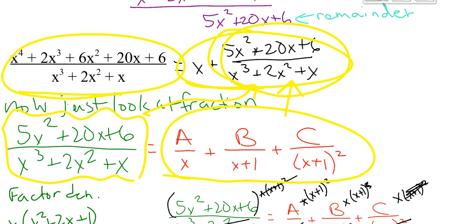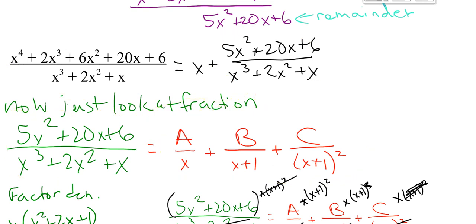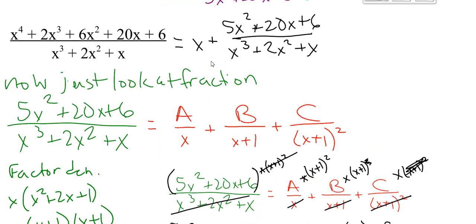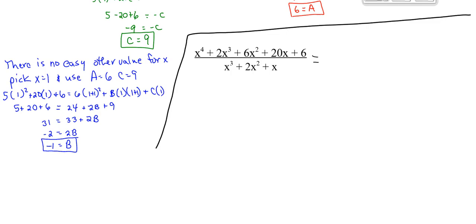And so I don't have room right here, but I'm going to transfer a bunch of that down to the very bottom. So from above, we know that big improper fraction, x to the fourth plus 2x to the third plus 6x squared plus 20x plus 6 over x to the third plus 2x squared plus x, is equal to x plus that big fraction that we just decomposed.